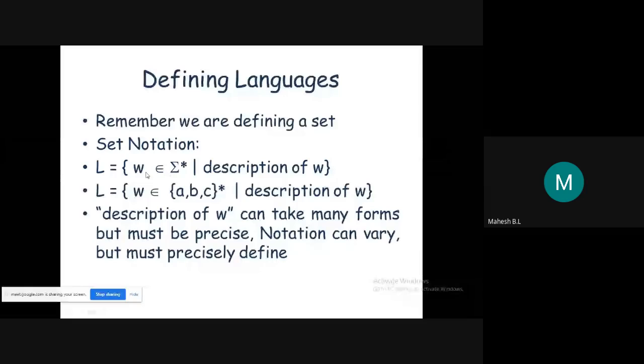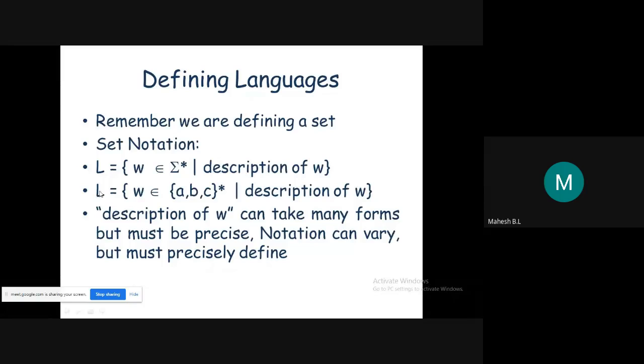So language consists of all those strings w which belong to sigma star, but there are some conditions which need to be satisfied by w. So only those strings which belong to sigma star and which satisfy the condition written here in the description, they belong to L.